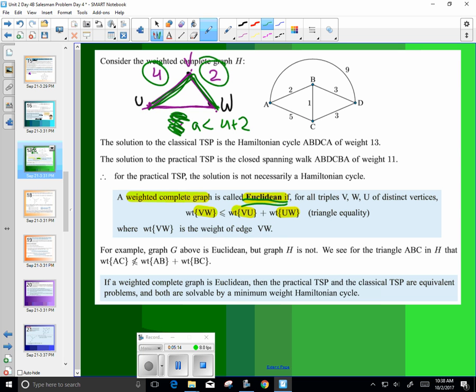Hamiltonian. So this terminology gets a little confusing. Euclidean just refers to the fact that we don't double back. So if you want to, you can say don't double back on any triples of points. They call it triangle equality. Does it make sense now? Yeah.